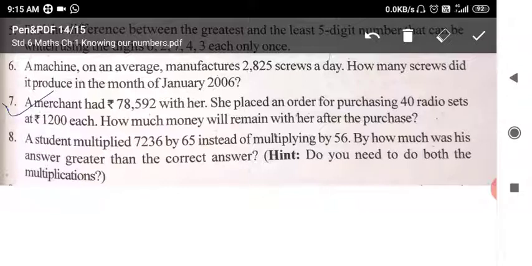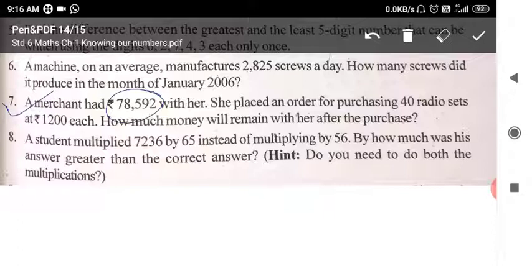So what is the question here? Once again, a merchant had rupees 78,592 with her. This much rupees the merchant is having. Now she placed an order for purchasing 40 radio sets at rupees 1200 each.